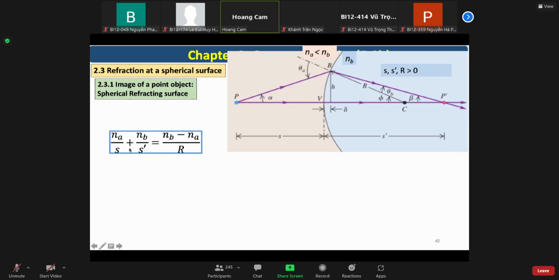So here is the image and object relationship, right? So we got the object and image relationship for a spherical refracting surface.